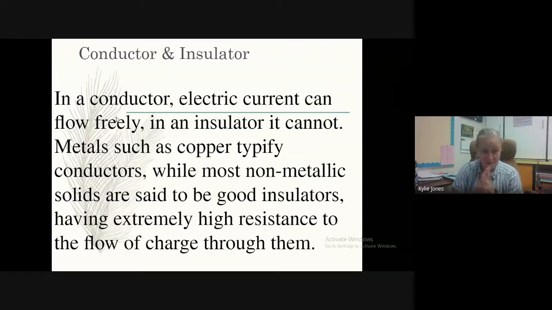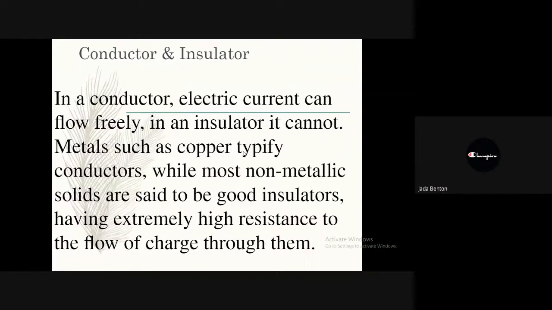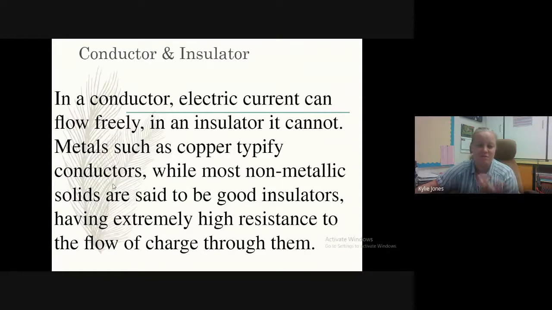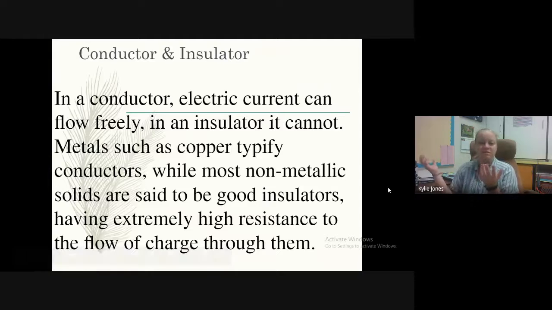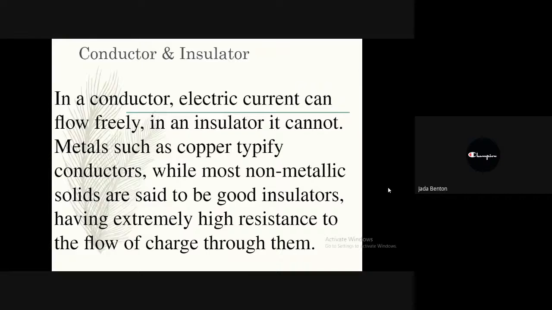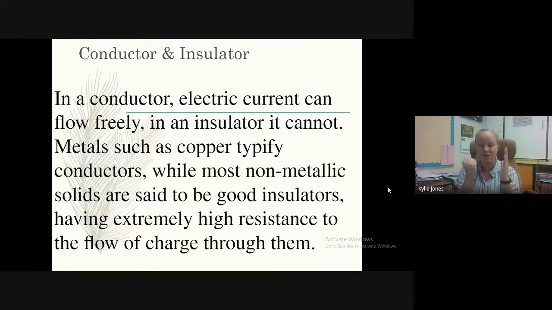So metals such as copper typify conductors, while most non-metallic solids are said to be good insulators, having extremely high resistance to the flow of charge through them. So a conductor is something where the flow of heat and electricity can go really easily through things. And then an insulator is basically where it stops. Like the heat cannot make it through whatever it's trying to get through.